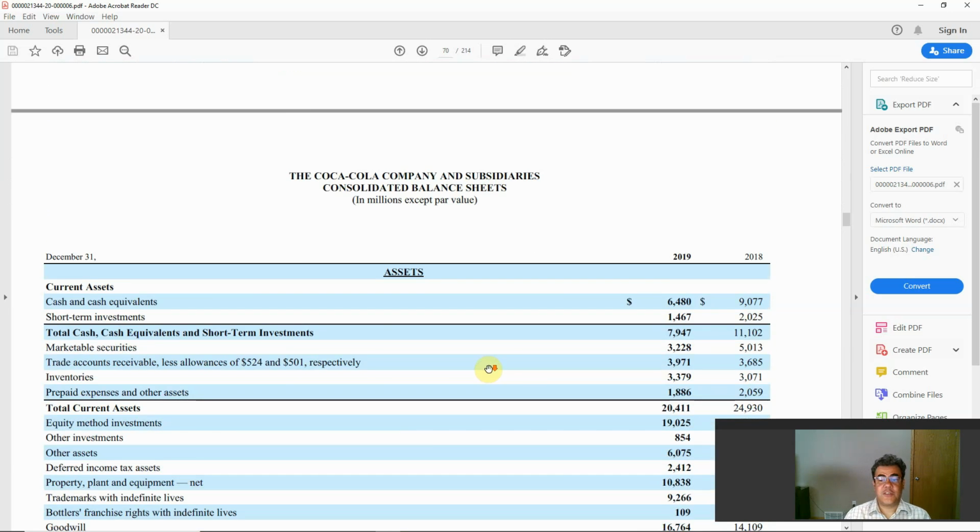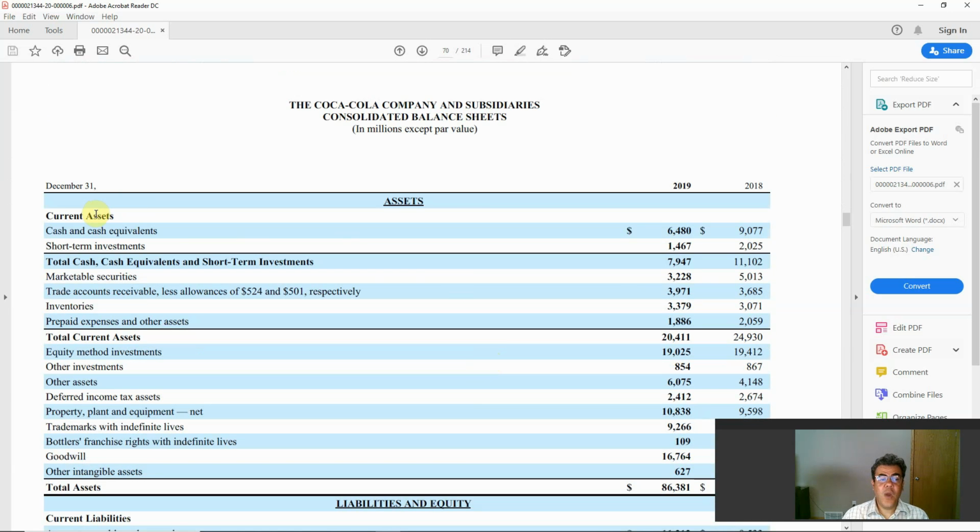The balance sheet. Assets. What are the current assets? The current assets are our first group. We have two first groups: current assets and non-current assets, or long-term assets. What is the difference? What does current mean? Current means one year or the operating cycle. Which one is the longest one?